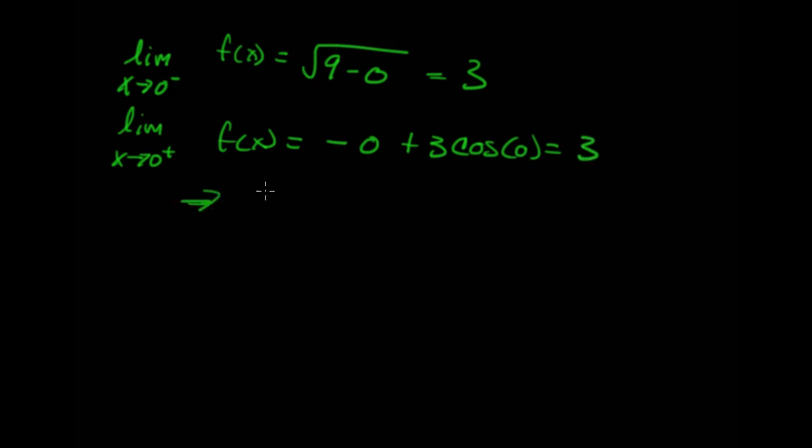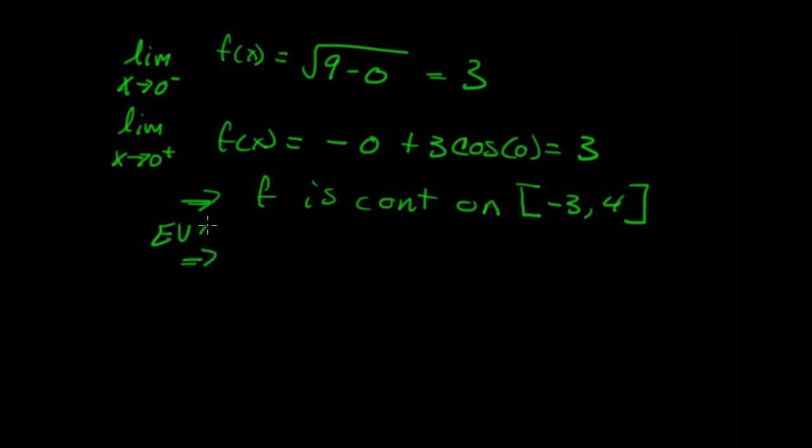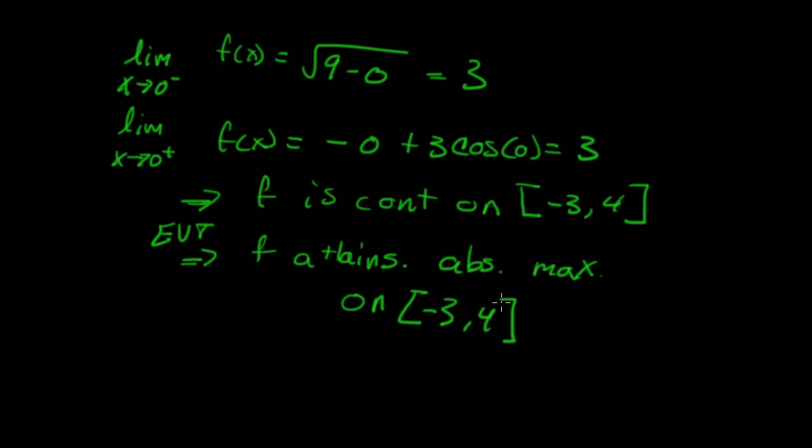So this implies that f is continuous on [-3, 4], which means by the extreme value theorem, f attains an absolute max on that interval. All right, so that's all of number 2. Let's move on to number 3.